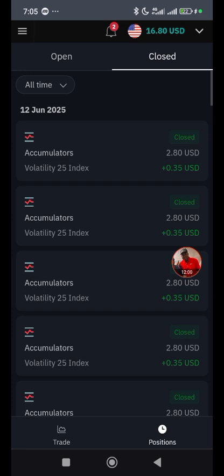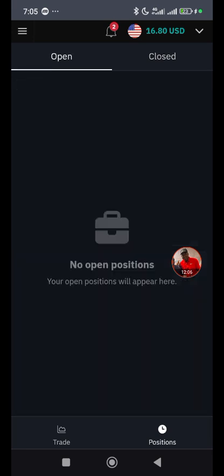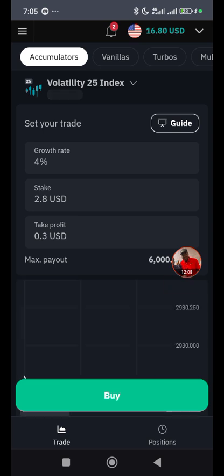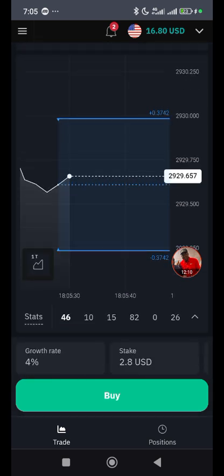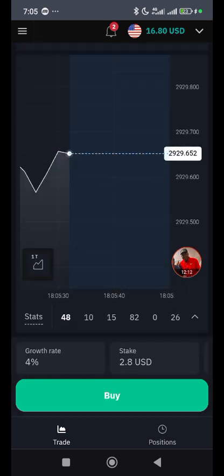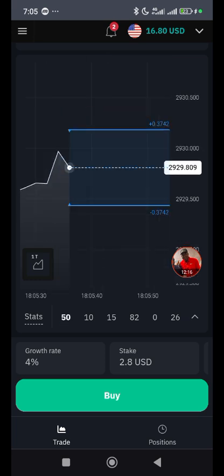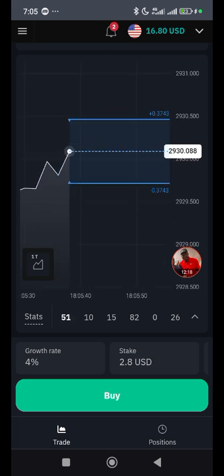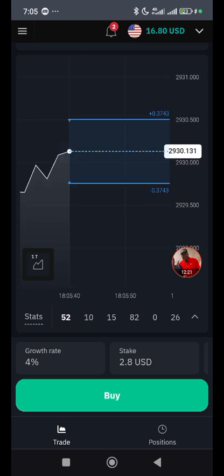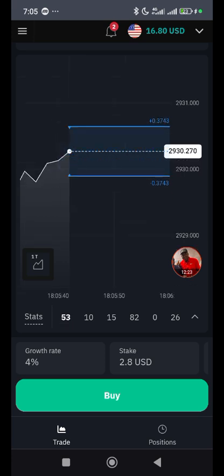So I've made 100% with what? $2. Why am I using small money for this type of trading? Because if you make mistakes, you will lose all your stake. If it did not work out, you are going to lose that stake. That's why I'm not trading with all my money.